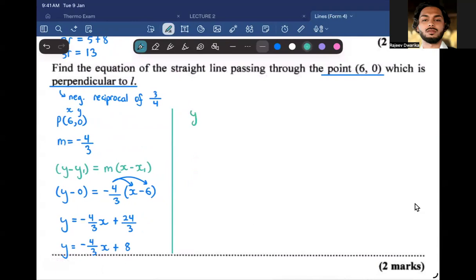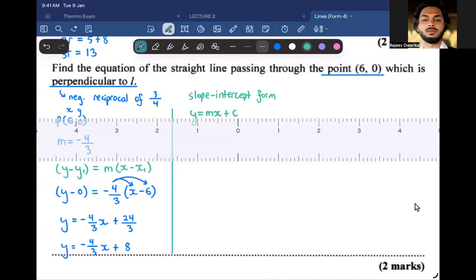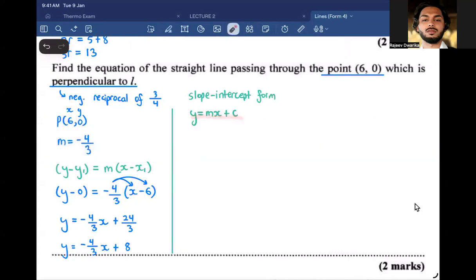By the way, the proper name, I should tell you guys: you see this form here? The official name for that is the slope intercept form. Perseus, when you're given this equation, you're given the gradient and the y-intercept.